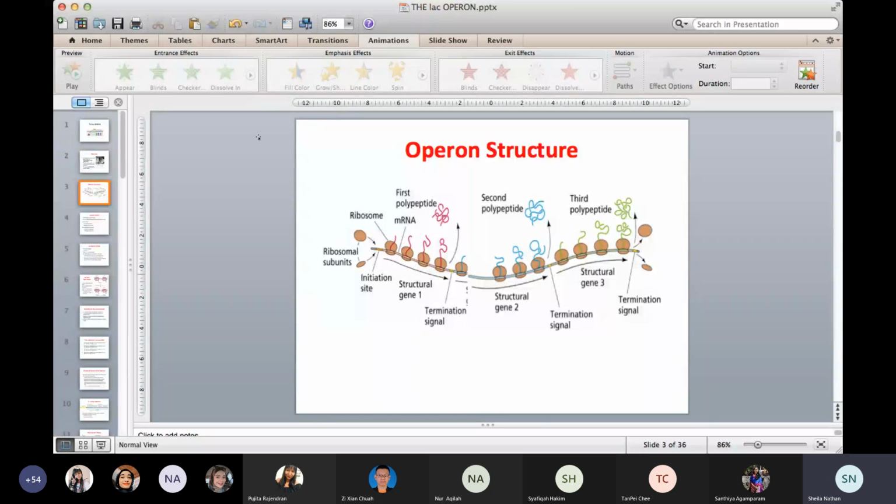But to switch on the expression of gene 1, gene 2, and gene 3, there is only 1 promoter. Remember, if it is a eukaryotic cell, then you have 1 promoter for gene 1, 1 promoter for gene 2, 1 promoter for gene 3. But this is a bacterial cell. This is the operon system, so 1 promoter controls the expression of many genes.